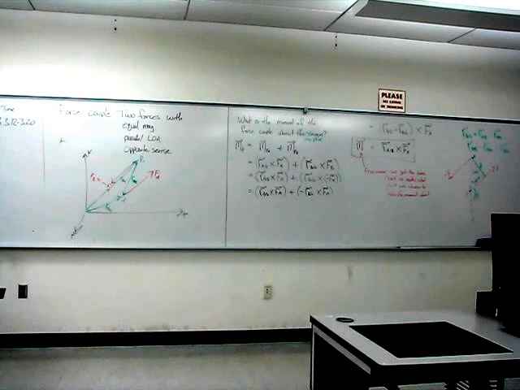Remember that the cross product, the magnitude, is the magnitude of the position vector times the magnitude of the force vector times the sine of the angle that's between them.